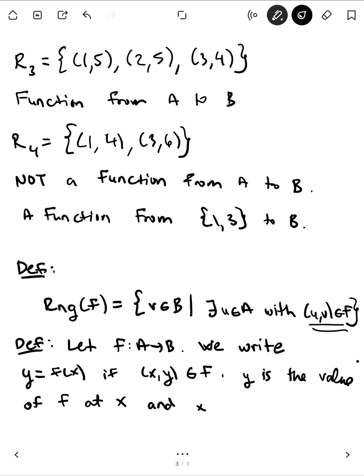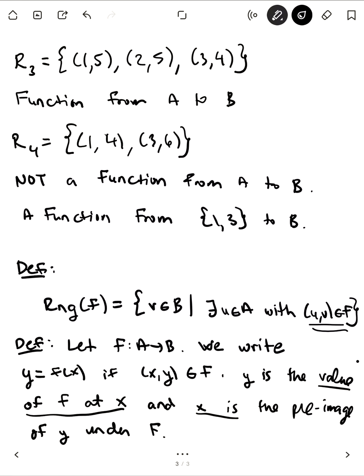And x is the preimage of y under f. Okay? So this is just a way to simplify notation.